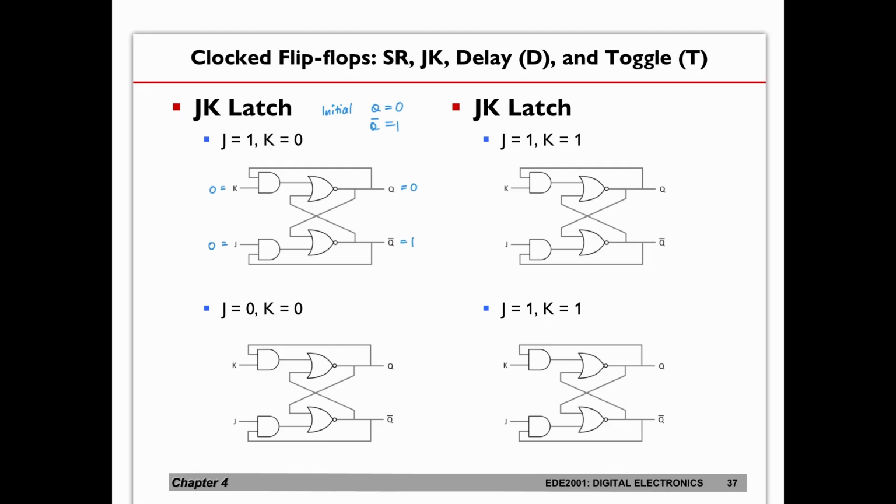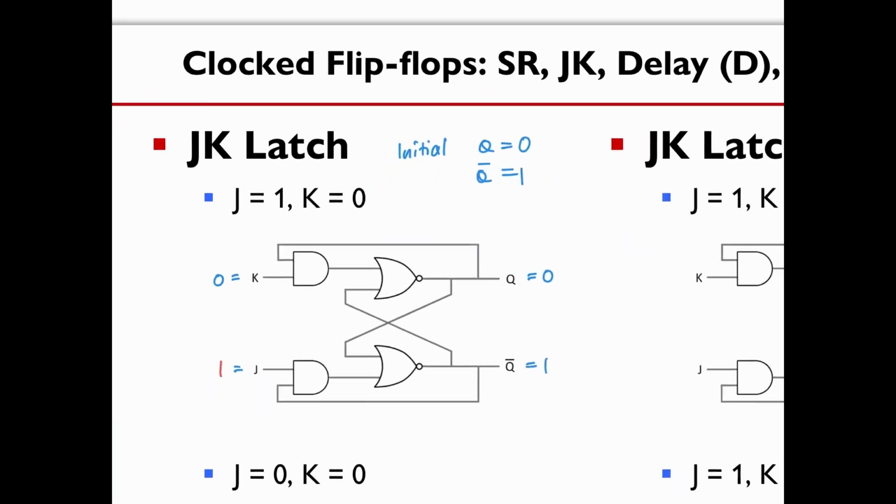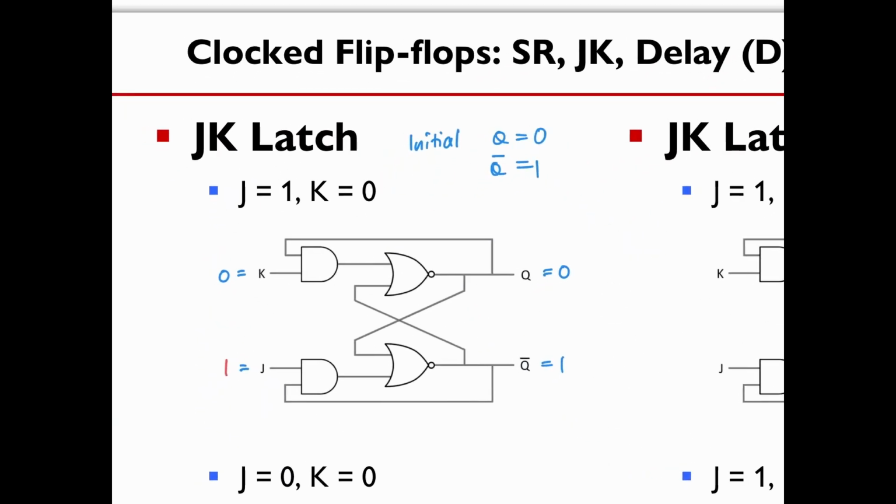Let's see what will happen. Please follow this closely because I'm going to do all the changes in one diagram. When J equals 1, you will still have to depend on what the output Q bar is. Don't forget that this is the set and this is the reset.